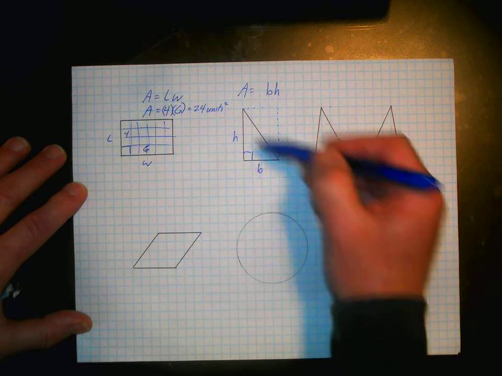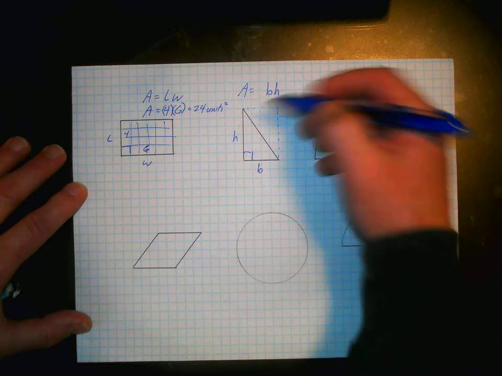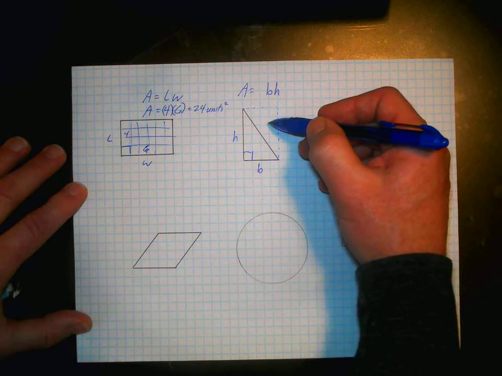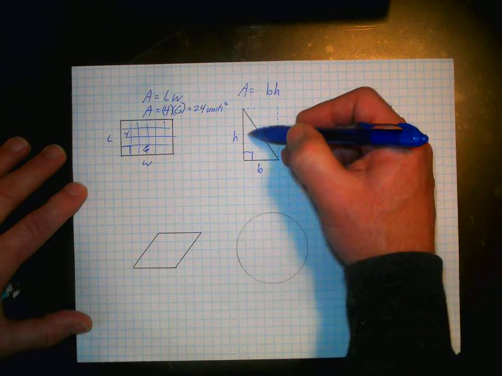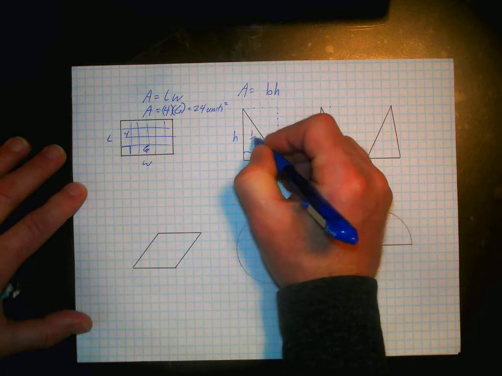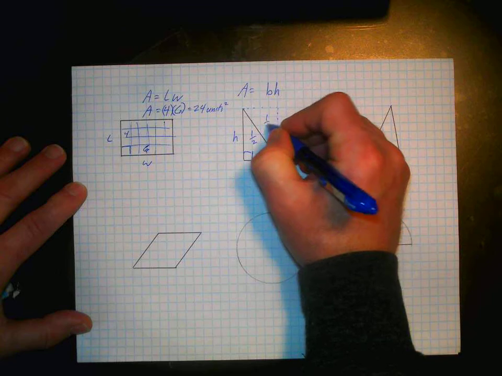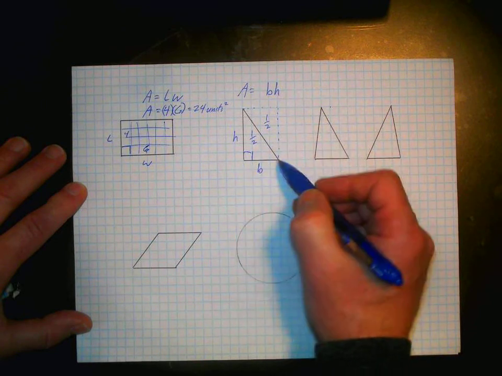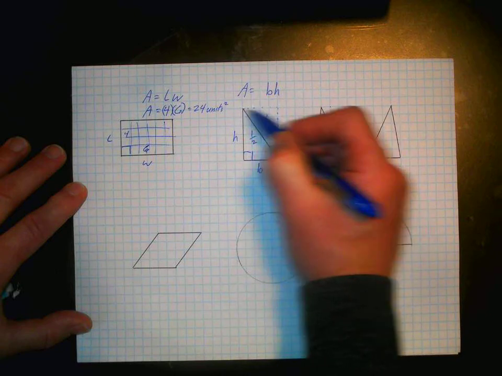However, we only need half of it because this triangle up on top is the same as this triangle down here. So really this triangle ends up being half of the rectangle that was there if we hadn't drawn the diagonal.